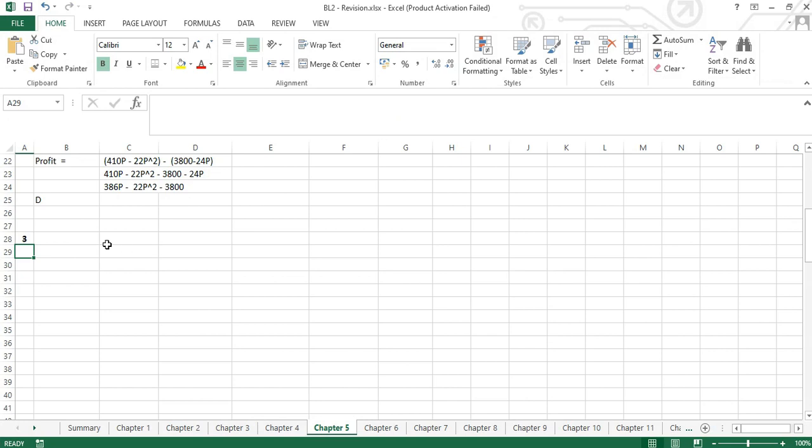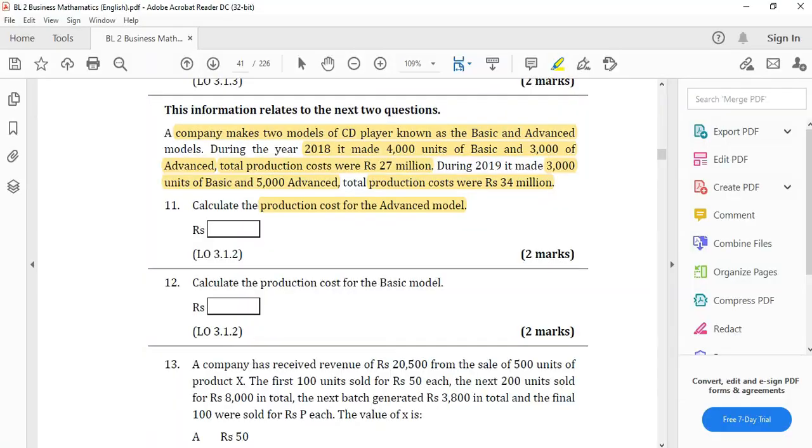Here we have to use simultaneous equations. So first we develop the equations. We know that there are two, one for 2018 and one for 2019. Let's say B stands for basic and A stands for advanced. Now, in 2018, we produced 4,000 units of basic.